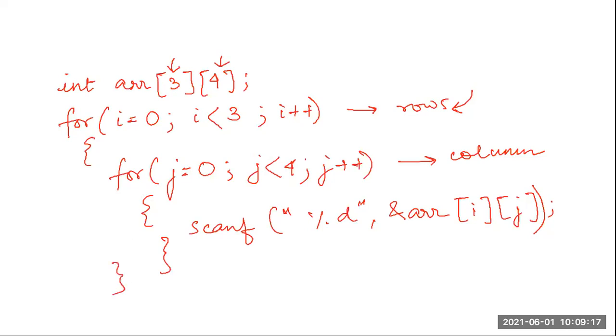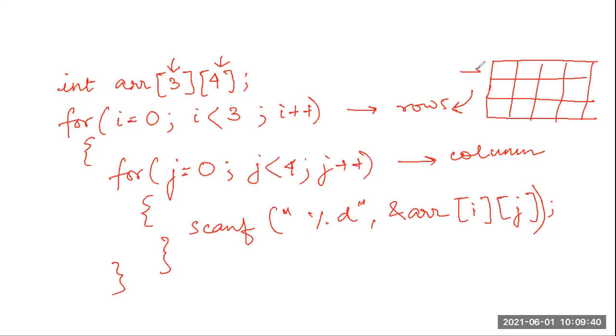Now, how does this thing run? First, suppose when I am declaring my array to be like this, that is 3 rows and 4 columns. Fine. First, i will indicate my row and j will indicate my column. Fine.